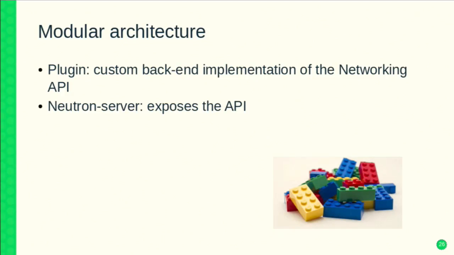Vanilla Neutron uses OpenVSwitch or Linux Bridge, but you can also configure plugins for SDN controllers, even for some Cisco switches. So there's a variety of technologies that you can use.